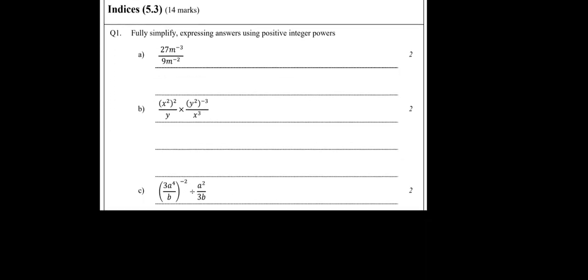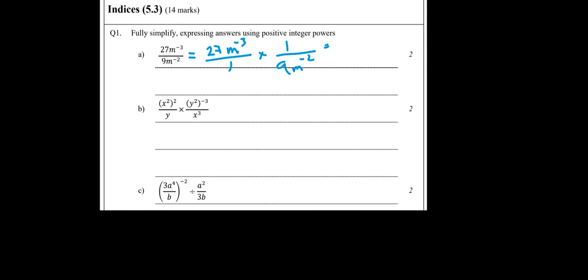Oh, these are delicious questions. Okay, so I think it's best to split this up. So we've got 27m to the negative 3 all over 1 multiplied by 9m to the negative 2.